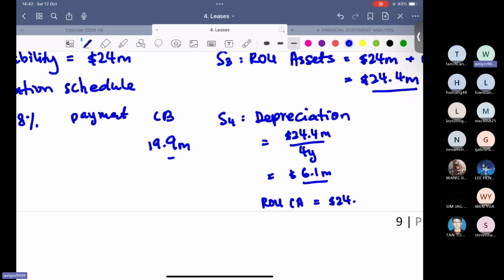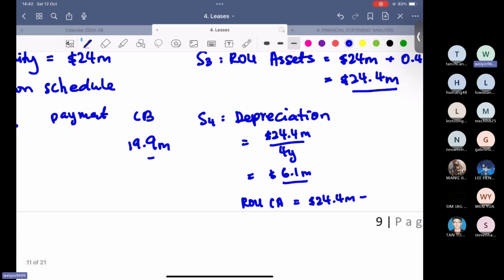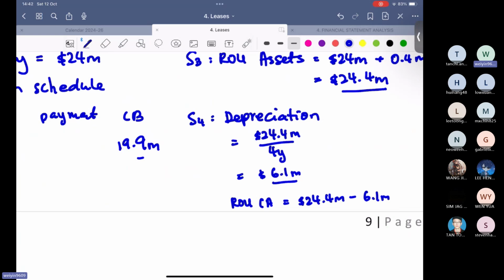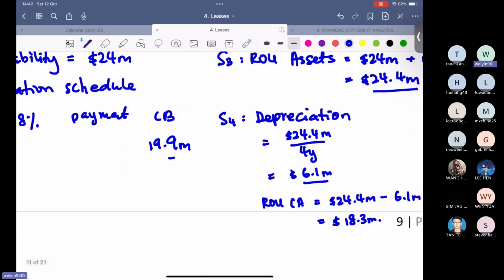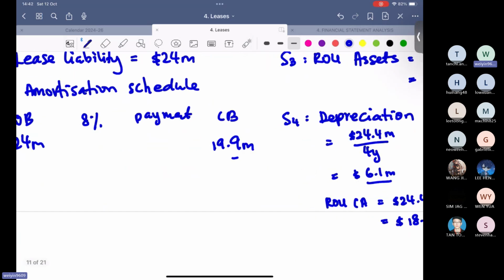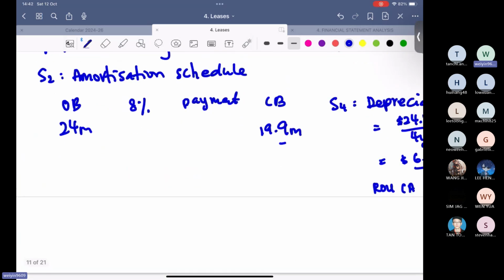Okay, after I calculate this 6.1 million, at the end my ROU carrying amount equals 24.4 million minus 6.1 million. So I get 18.3 million. So plug this information into my DTA calculation. My asset, 18.3 million. My liability, 19.9 million.